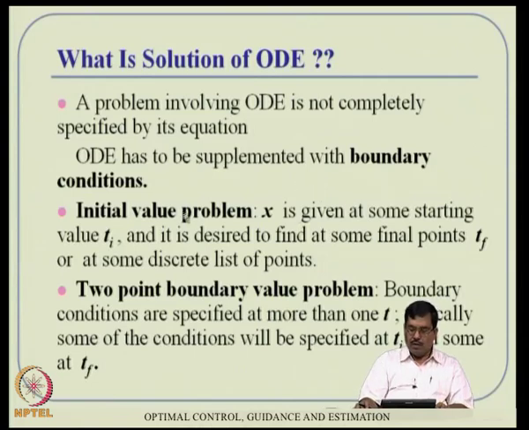If you talk about an initial value problem, then the boundary conditions are given at initial time ti. If all the conditions are given at any one point of time, either including tf, that is still called an initial value problem. Otherwise, it is split boundary conditions, where part of the conditions are given at one point of time and another part at some other point of time.